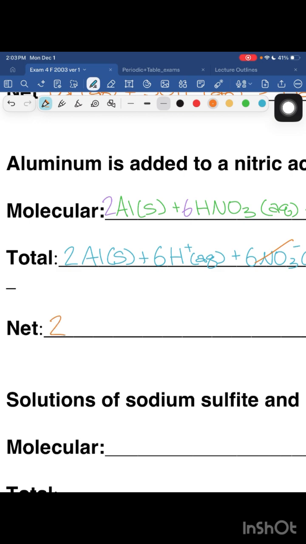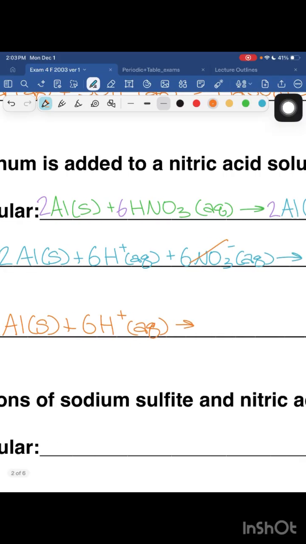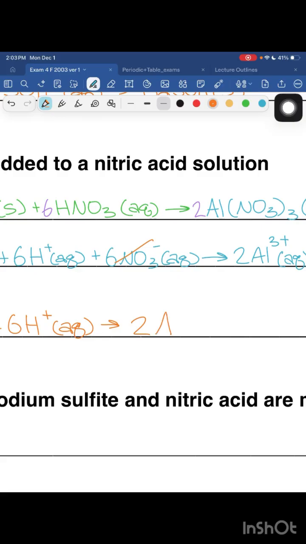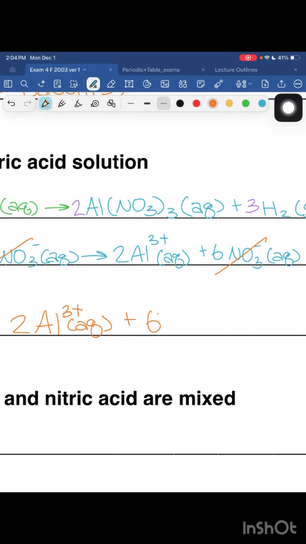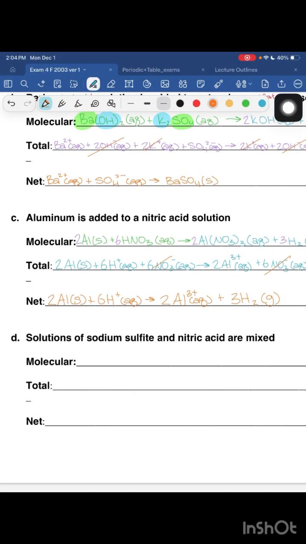So our final net ionic is 2 aluminum solid plus 6 hydrogen ions becomes 2 aluminum 3 plus ions plus 3 H2 gases. Okay.